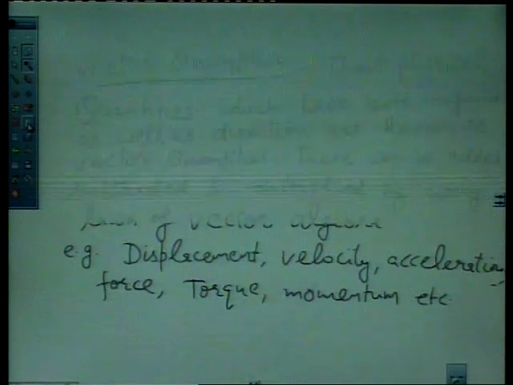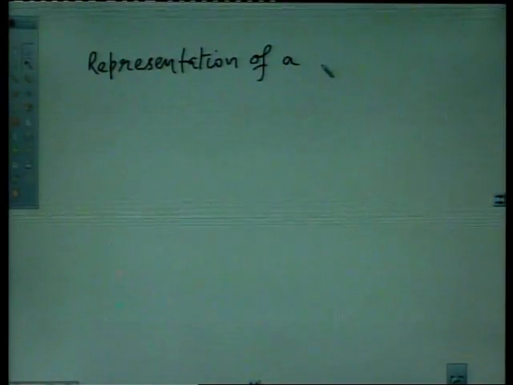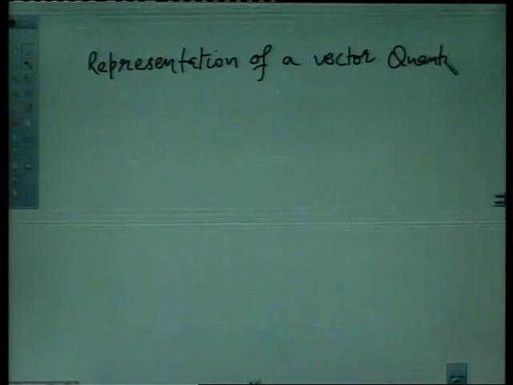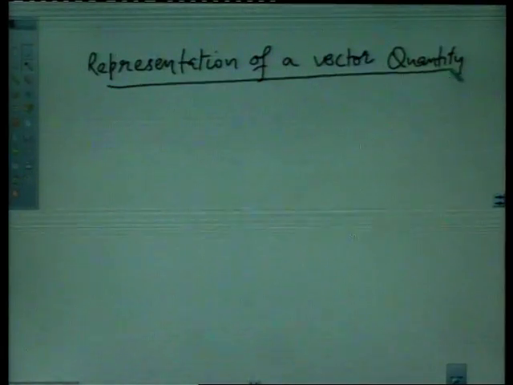Now we come to the topic of representation of a vector quantity. How to represent a vector quantity?